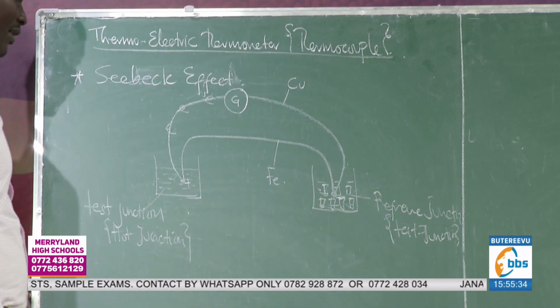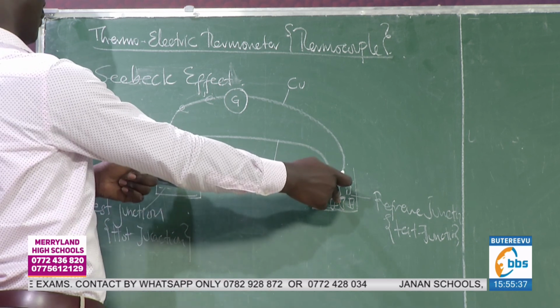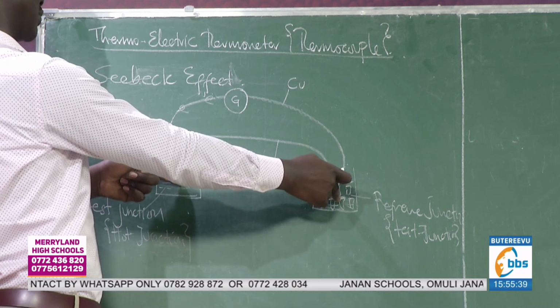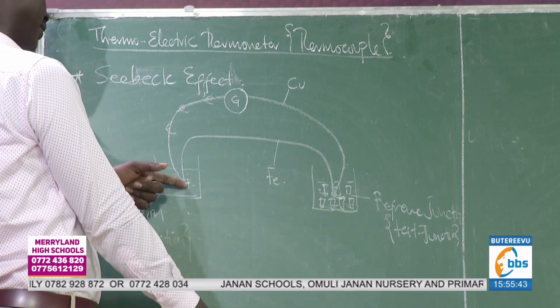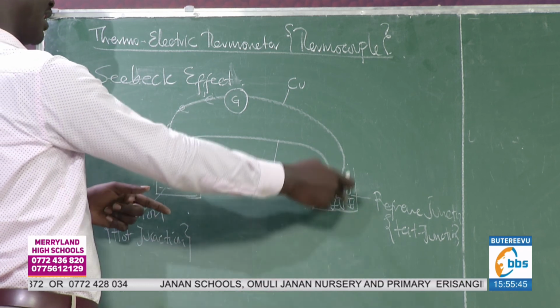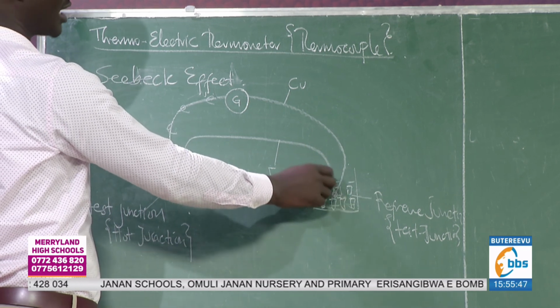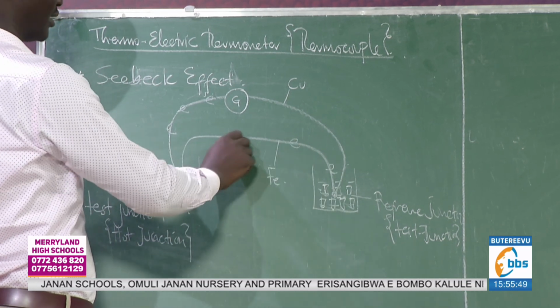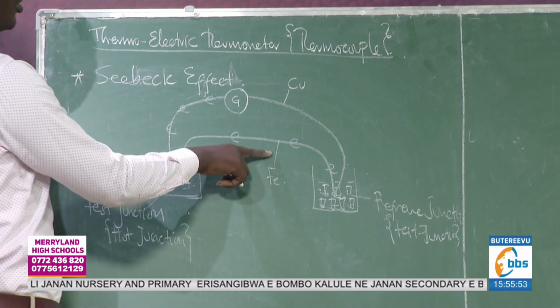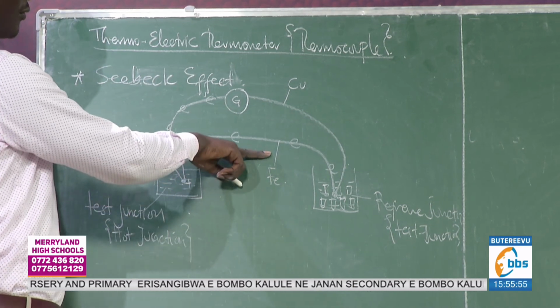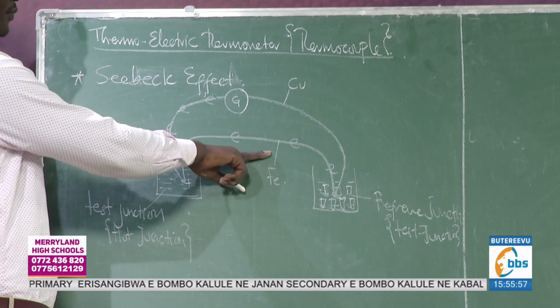What does this mean? This means that there is a PD now which has been developed across the two junctions. And the development of a positive sign here and a negative sign here is going to cause the electrons to further be attracted to come to this side of the positive potential through the piece of wire which is made out of iron.